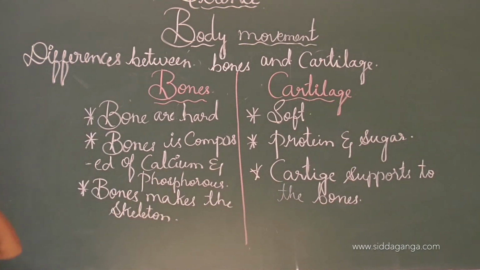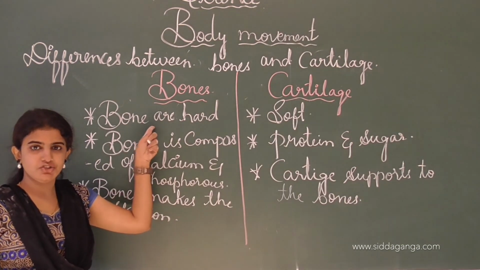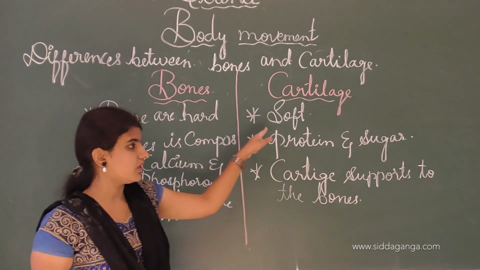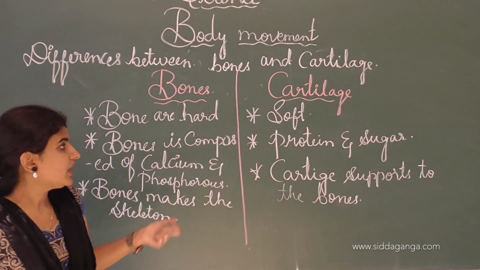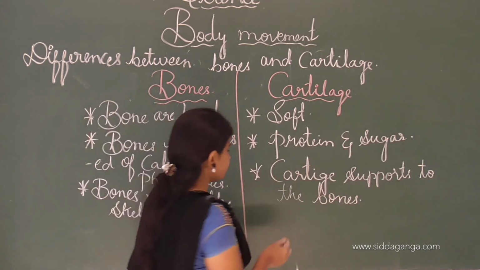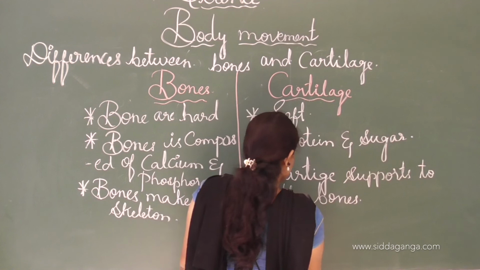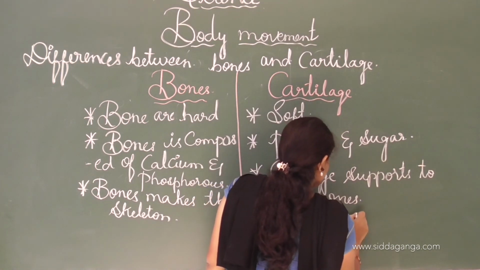See, first one is that bones are hard in nature and it is a harder tissue, whereas cartilage is soft tissue and usually soft in nature. An example for cartilage is the ear and the nose.